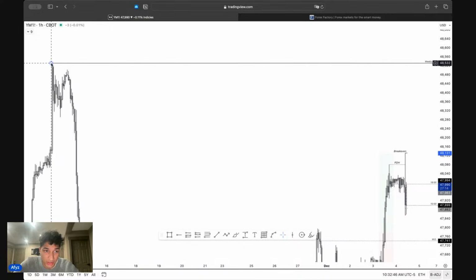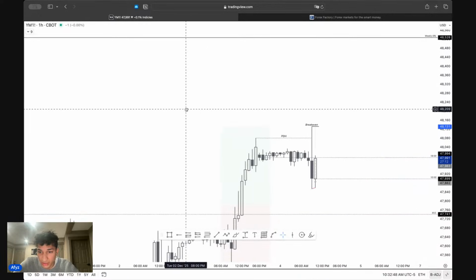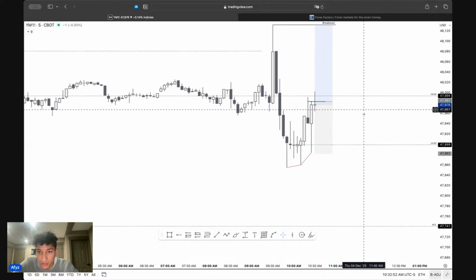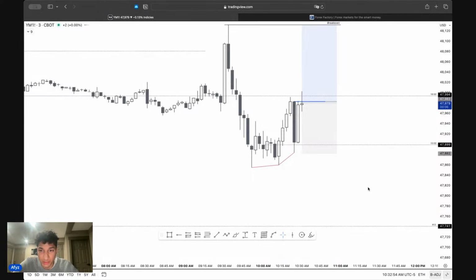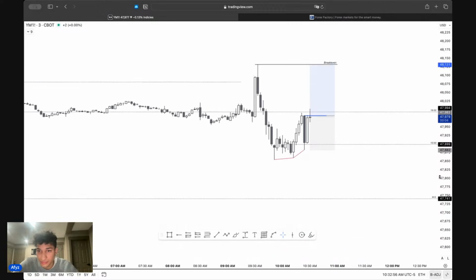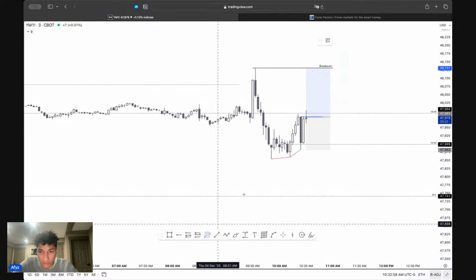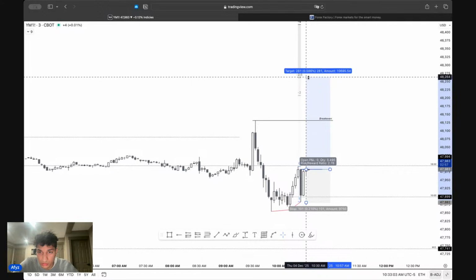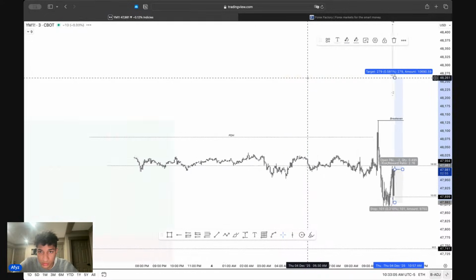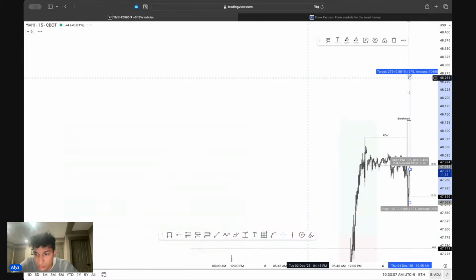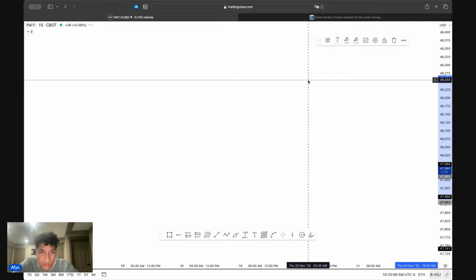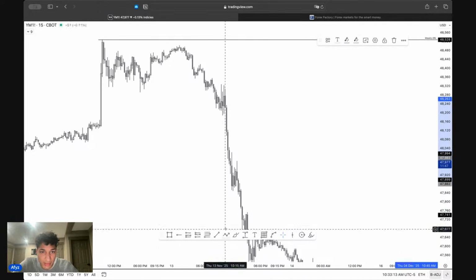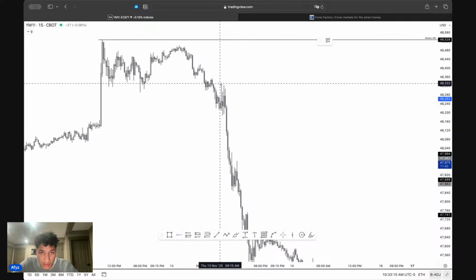Now there's not much. There's this, so we can use some. If we do get up there, right? If we do get all the way up here, we can use some standard deviations or something. Or you can just take a predefined risk to reward. There's really nothing on this chart besides the weekly ERL, right?